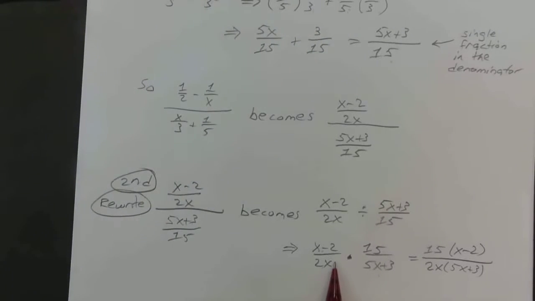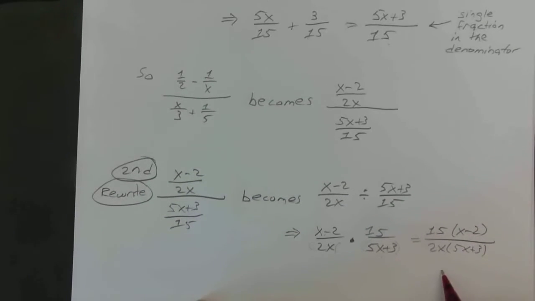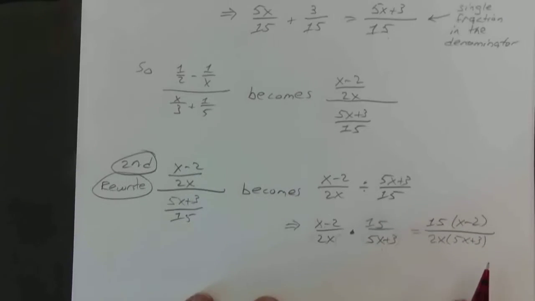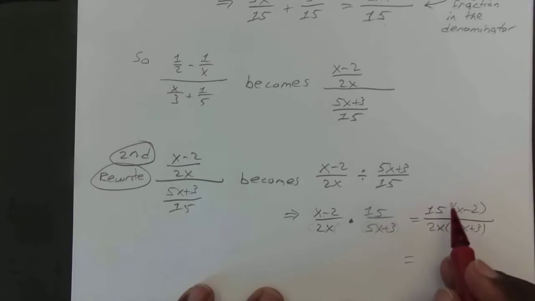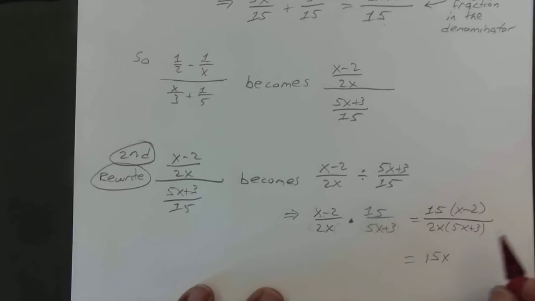So remember, this denominator is multiplied to that entire denominator. So you don't want to just multiply 2x times 5x. You want to make sure it's the whole thing. Here you don't have anything that can cancel out. So you can either leave it like this, or you can distribute the 15 and distribute the 2x, which would give you, if you distribute the 15, 15 times x is 15x. 15 times negative 2 is negative 30.